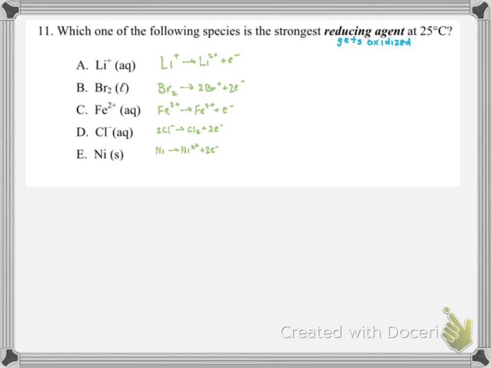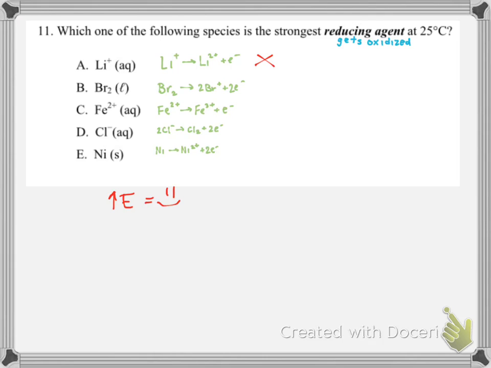And so if we consult our table of potentials, we can see how favorable these things are, because we know an increased E is better, more favorable. So here we have the reaction of lithium plus losing an electron to form Li2+. Hopefully you guys can see that this isn't going to happen. That doesn't make sense.